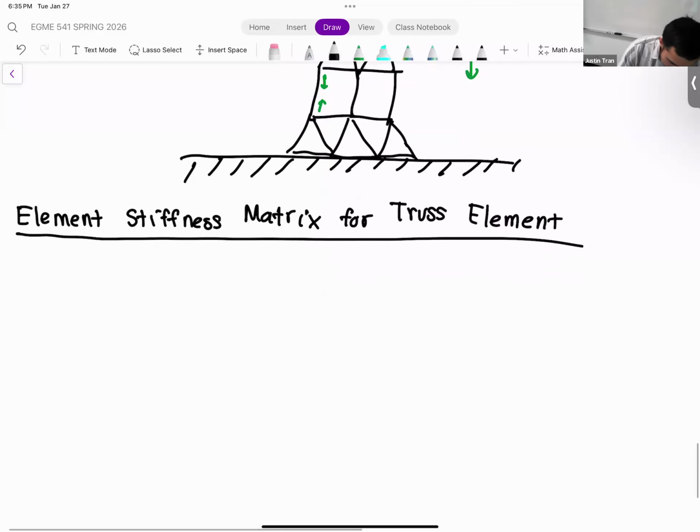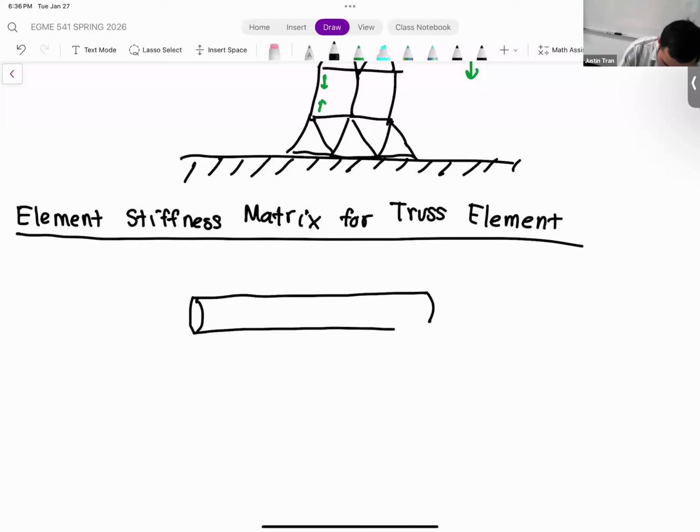All right, so if we draw a single truss element, a truss element is basically like a rod. This rod is going to have a particular length.